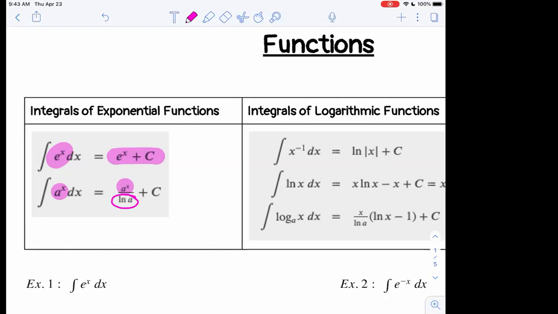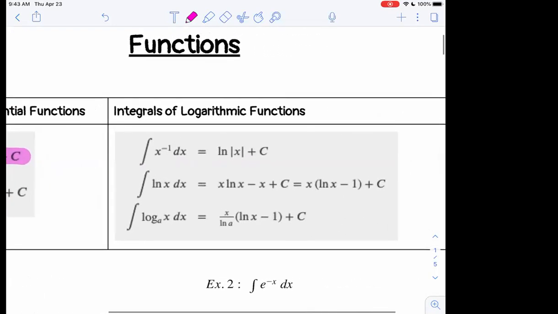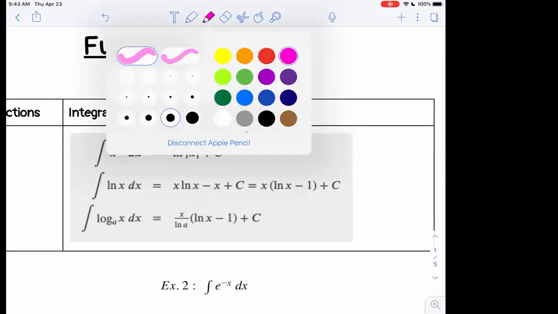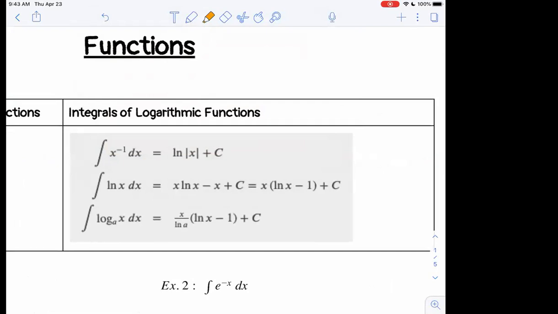Now I'm going to scoot over to the side and we can take a look at these integrals of log functions here, all right? So the most common one, and we've already seen this one, is our one exception to the power rule. And that is when I have x to the -1, then my integral is not going to use the power rule, but it's going to be natural log of x plus c.